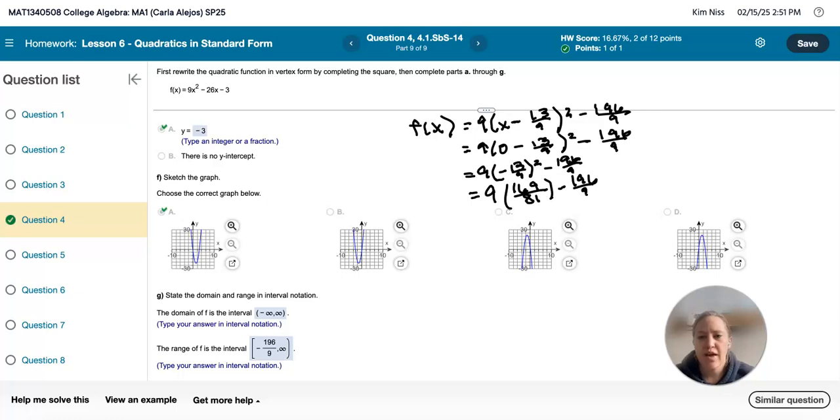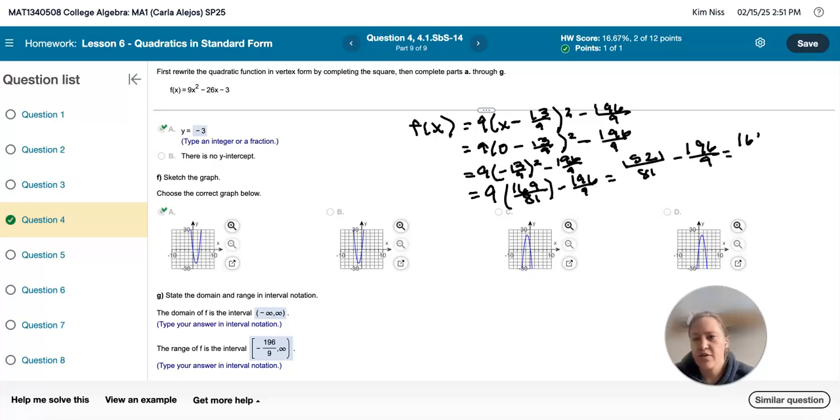Now we multiply the 9 into the numerator up here, so that makes it 1,521 over 81 minus 196 over 9, which actually the 1,521 over 81 can be reduced down to 169 over 9.